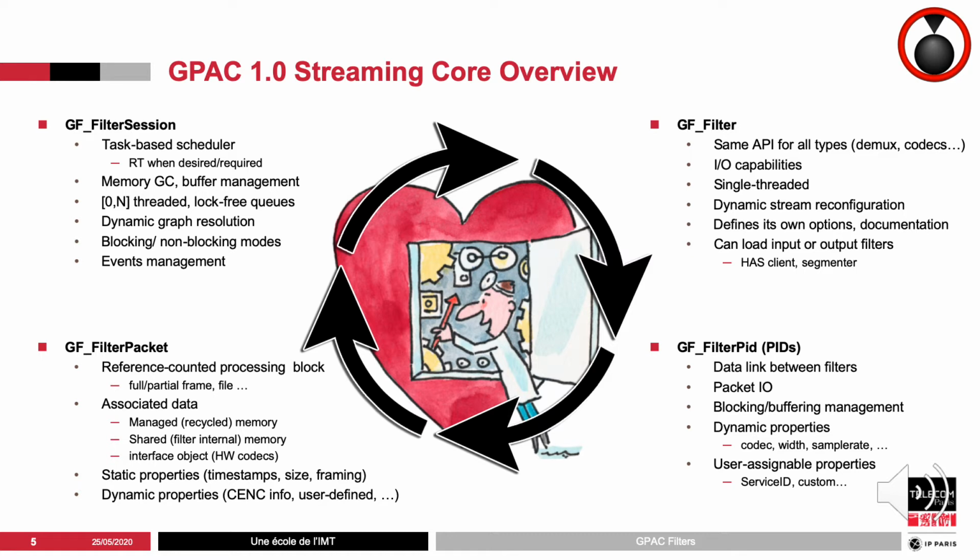Packets have a bunch of static properties that you commonly find in multimedia frameworks, such as timestamps, size, framing, random access indication, but all other properties are dynamically assigned, whether they are user-defined or not, such as common encryption information or NTP reception timing.